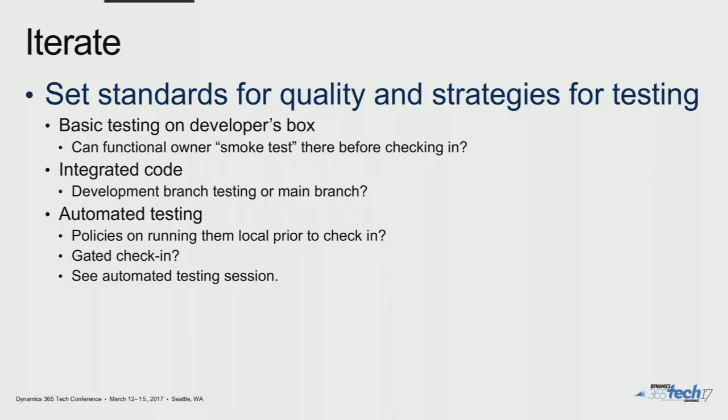Otherwise, it gets rejected. You can set that up today with AX7 as well, and I'll show you how to do that. It's essentially a VSDS feature, and you just get it for free. It has nothing to do with AX, but it integrates really well. We also have an automated testing session this afternoon, and we'll talk about some of those things there as well.